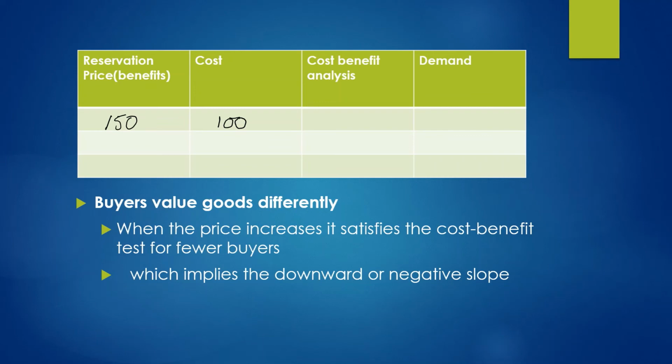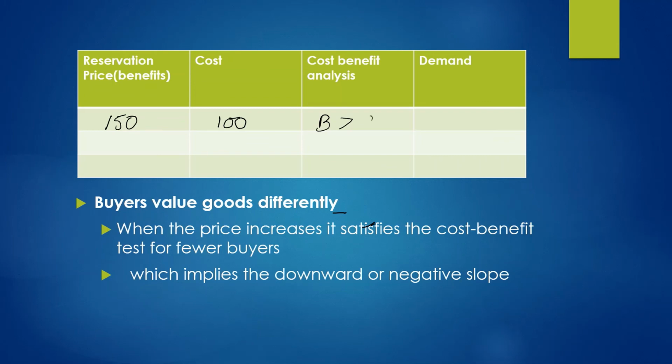So in that case, the maximum amount of price which you are willing to pay is 150, which also equals the benefits in numerical terms. And the cost is 100. So if you apply the cost benefit principle here, then you can say that the benefits are greater than the cost, isn't it?